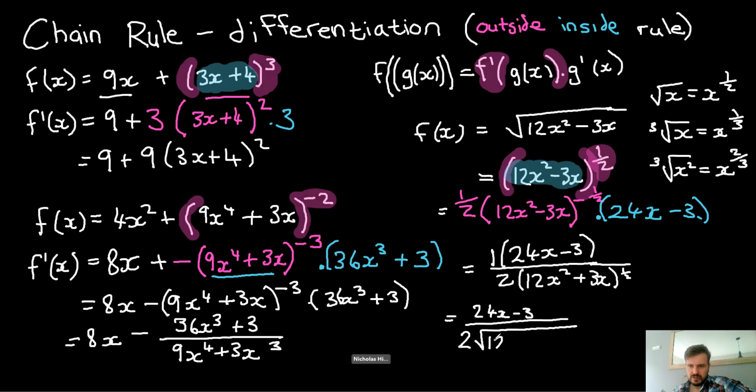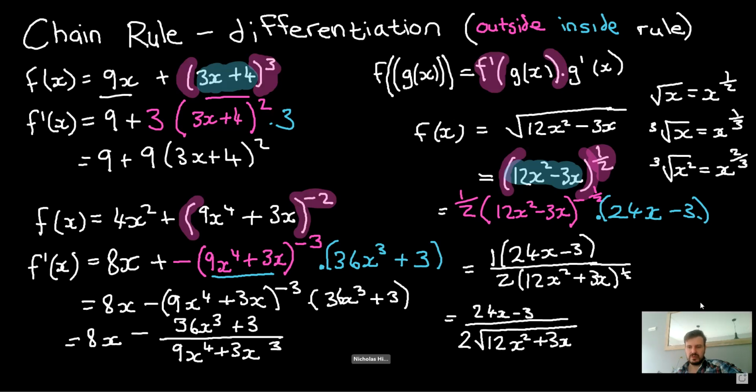So the half is the same as saying the square root of 12x squared plus 3x. The reason I'm showing you this is because sometimes you might see this in the memo instead of to the power of a half. And so they are the same thing, just written differently.